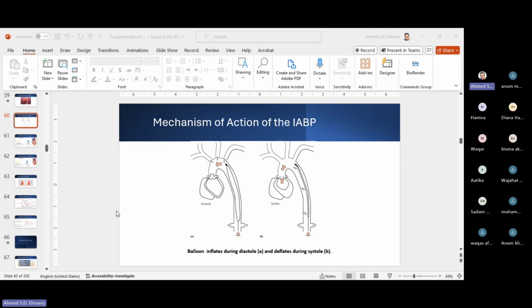Instead of being helpful to the heart, it might harm the heart, especially with early inflation, late inflation, early deflation, or late deflation, because the balloon will inflate and deflate in improper timing. It might inflate while the aortic valve is still open, so it will increase the afterload and the workload of the heart. So you have to know the cardiac cycle. But I know this part is very difficult, even for the doctors.